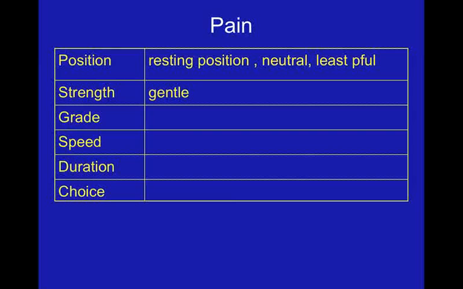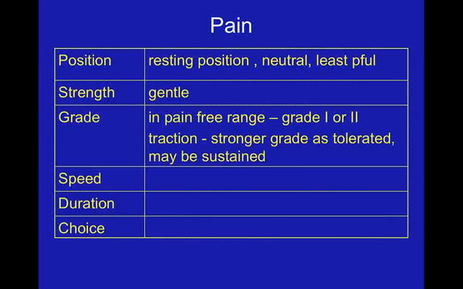The strength obviously should be gentle. The grades we use need to be within a pain-free range, so they'll be generally grade 1 or grade 2. If you choose traction as your technique, you can use a stronger grade as tolerated, and you may in that choice use a sustained type of technique rather than an oscillatory.